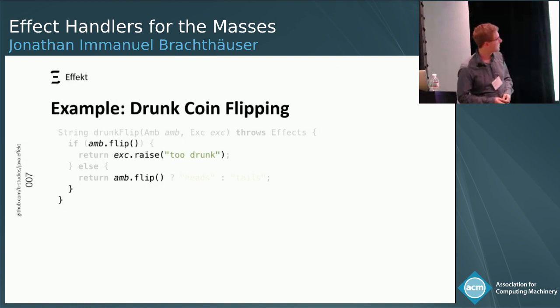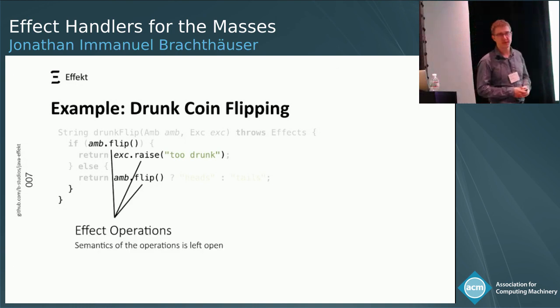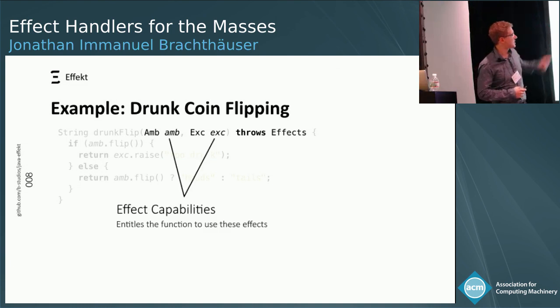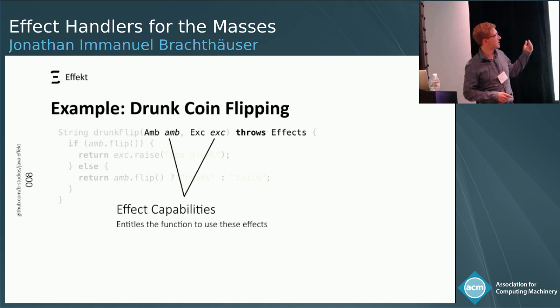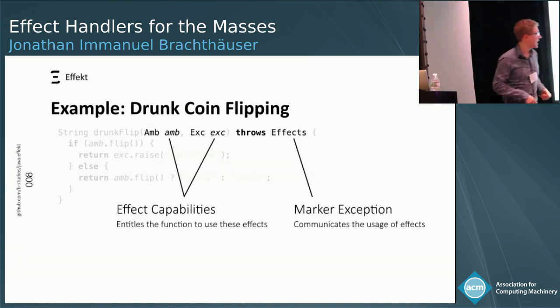These are called effect operations, and they are called on capabilities. The method signature shows that it uses these two effects, an ambiguity effect and an exception effect. It also mentions this special exception, which we use to annotate that the method actually has any kind of effects.